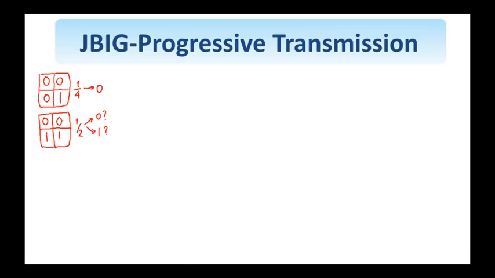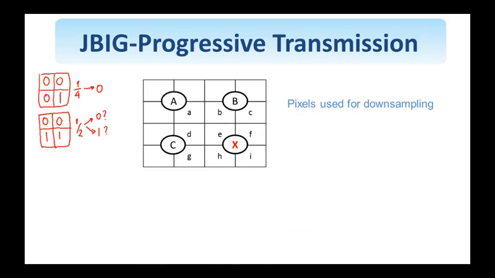To address this, JBIG is considering a scheme as shown here. We are interested in finding the low resolution value of x, and instead of using just the 4 neighbors at the higher resolution that we want to replace by 1 value, we are also utilizing additional values at higher resolution. These are the small case letters, as well as the already previously computed values of the low resolution image, the capital letters.